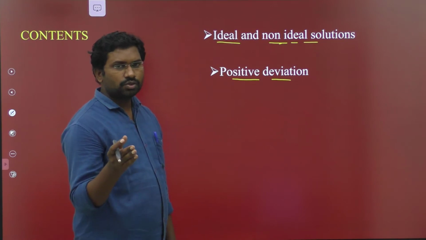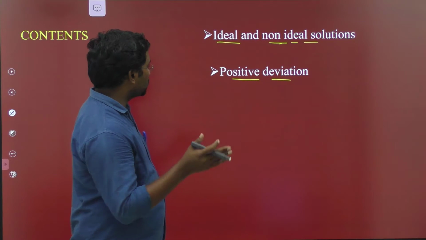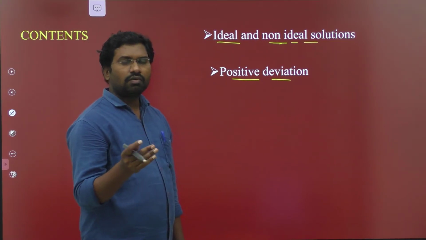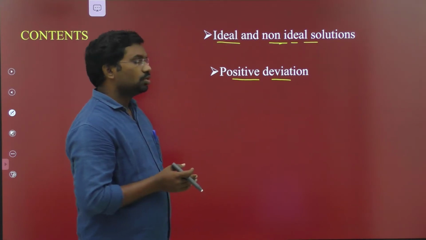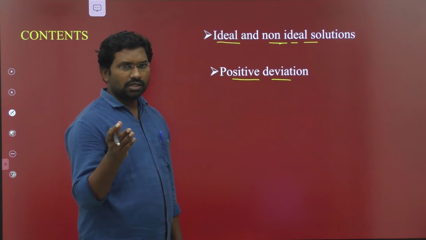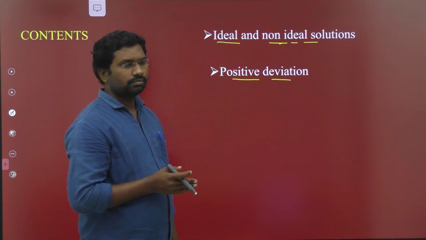If the vapor pressure of the solution is higher than predicted by Raoult's law, then the solution exhibits a positive deviation. And what are the important characteristics regarding the positive deviation?